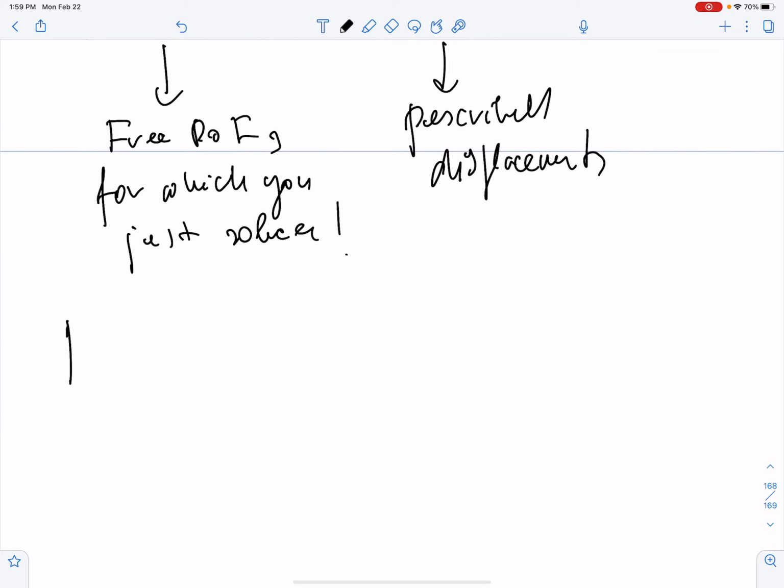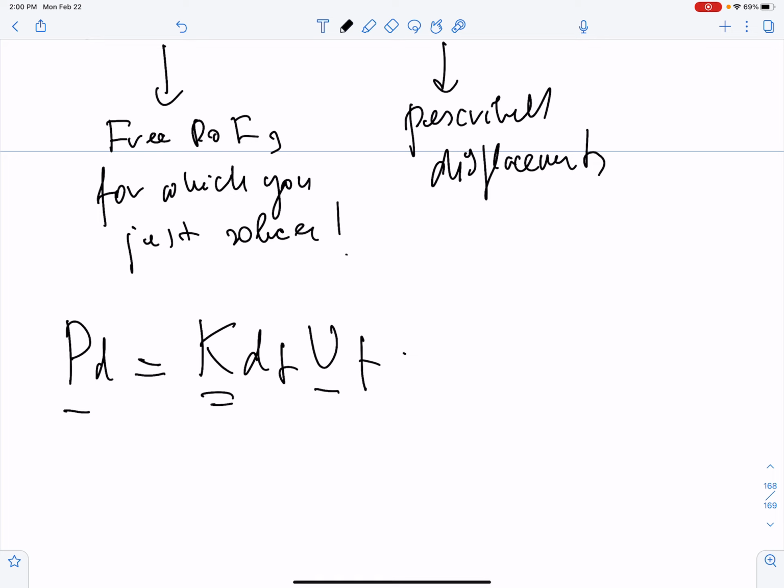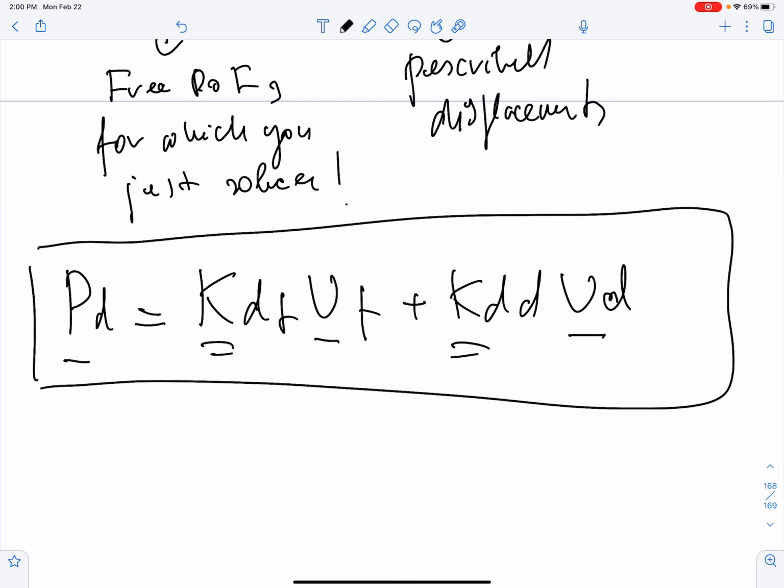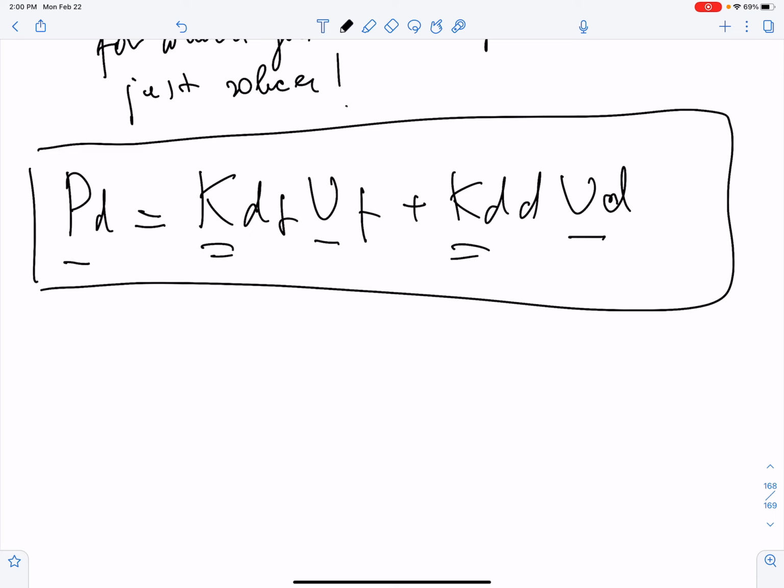So you basically write PD equals KDF UF plus KDD UD. And so see the power in this expression. You don't need to go to every support node and draw a free body diagram and try to figure out what is the force that balances out.